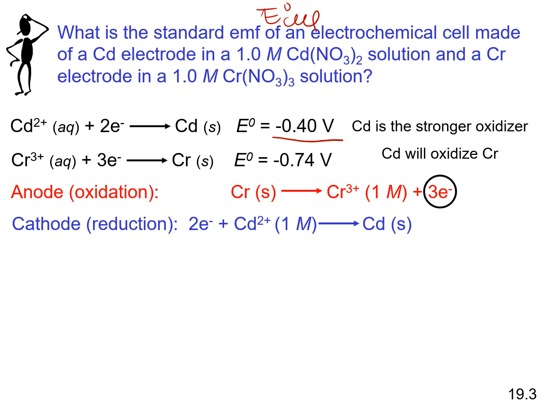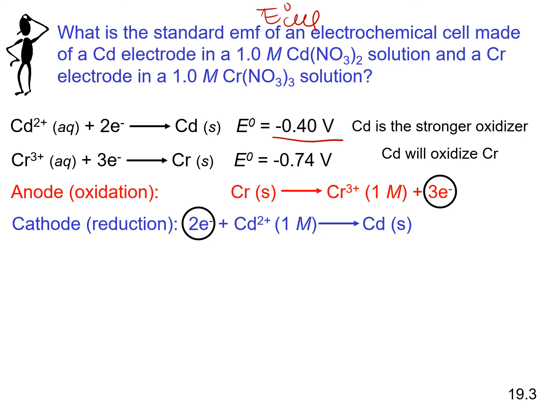So to balance the equation, make sure that the electrons lost and the electrons gained are the same. So remember, in the anode or in the oxidation, the electron is on the product side because it means loss of electrons. And for the cathode, since it's reduction, that is brought about by gain of electrons.